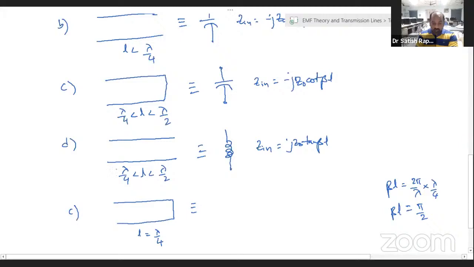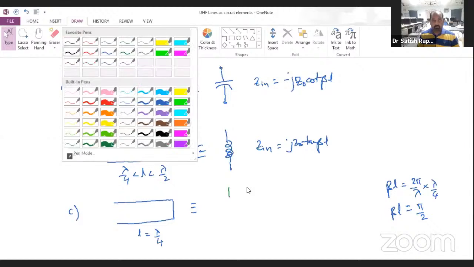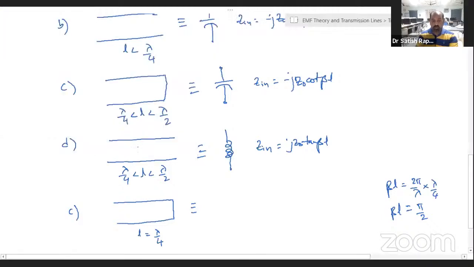So therefore, for a short circuit transmission line, if L is equal to lambda by 4, then the electrical equivalent circuit is the parallel combination of inductance and capacitance, right?